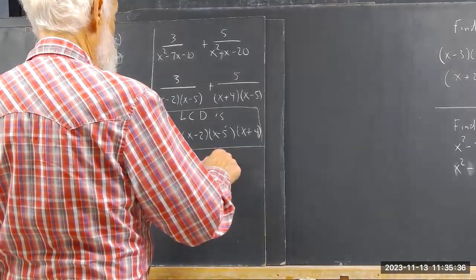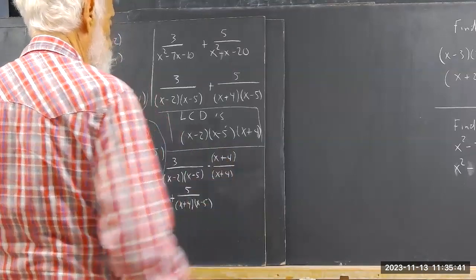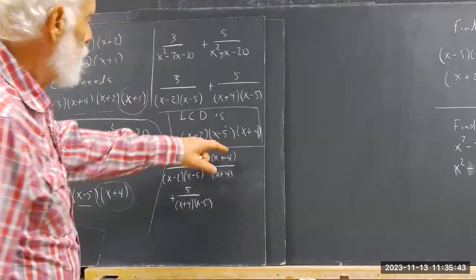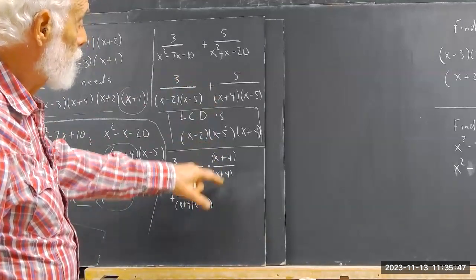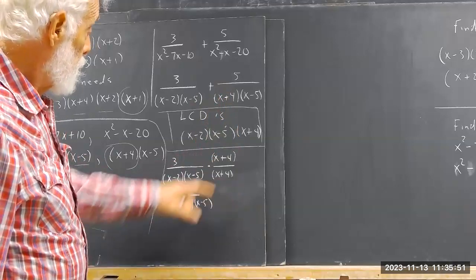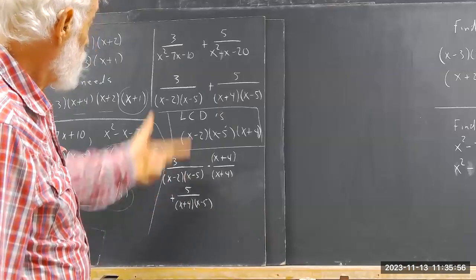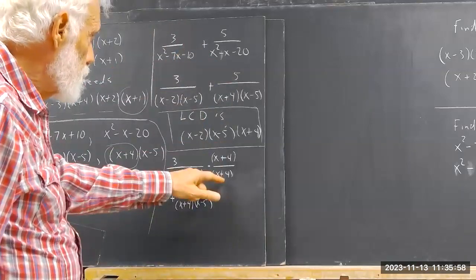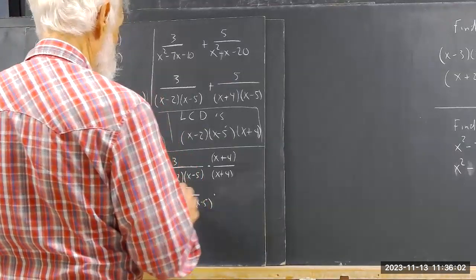So we multiply by x plus 4 over x plus 4, which is equal to 1 whatever x is, because when you divide two things that are equal, you get 1. So we're just multiplying by 1 here. We're going to change the form of the thing so we can add it to this one, but we haven't changed its value.